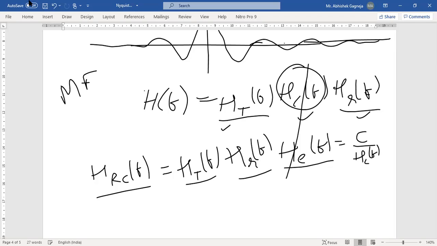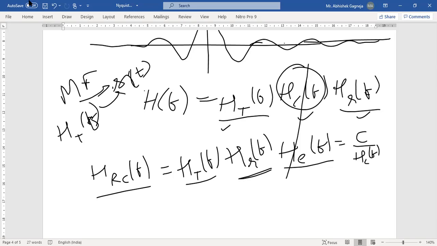So the logic of a matched filter is that if HTF is going to give some sort of pulse shaping, let's say ST, to my incoming impulse signal, then HRF is supposed to be the matched filter to this, that is, a flipped version of this.